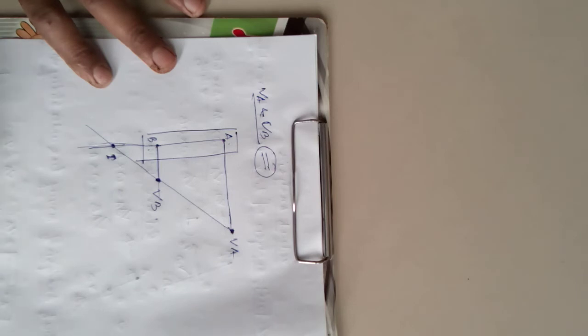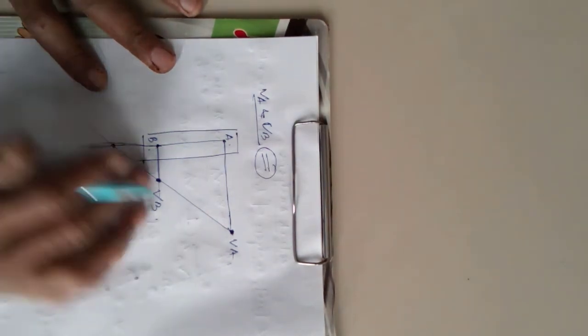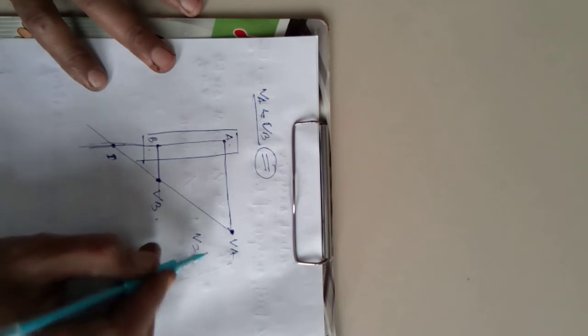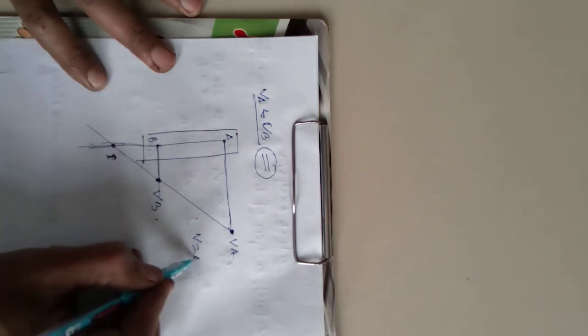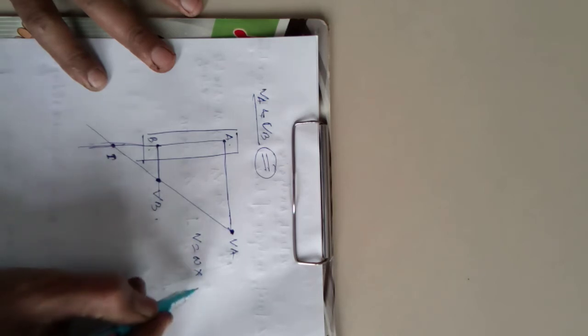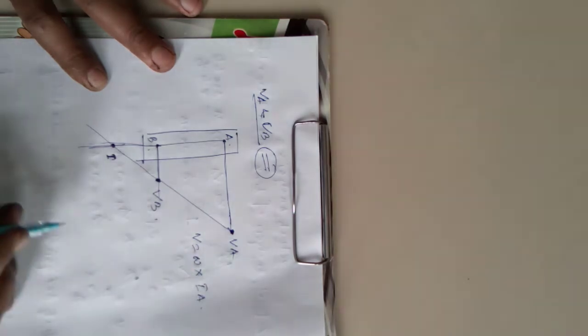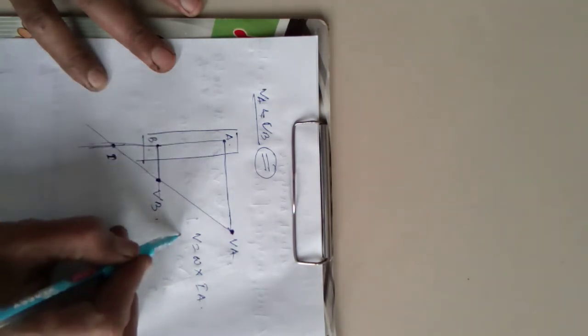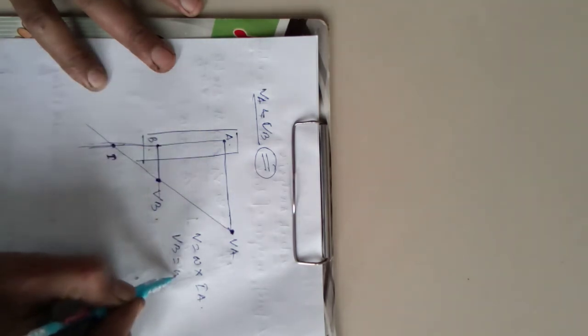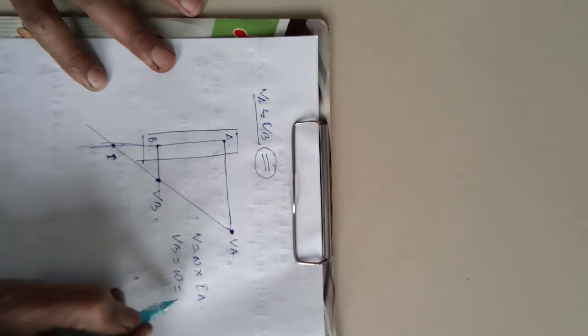Now VA is equal to omega into IA, and VB is equal to omega into IB.